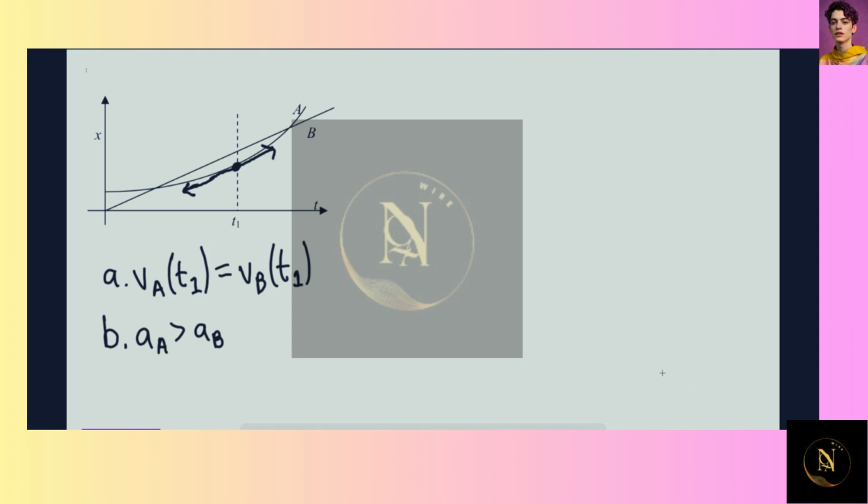So we can say graph of A is concave upwards, and so it has, again, a positive acceleration. The acceleration of B would actually equal 0 meters per second squared.